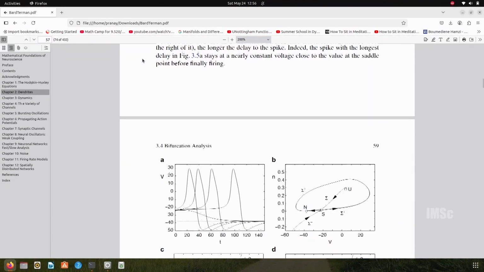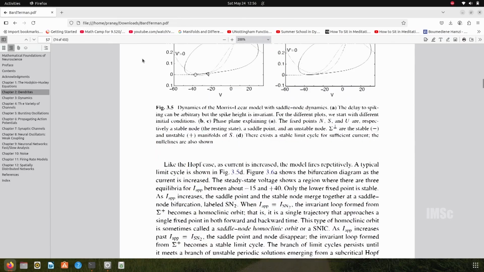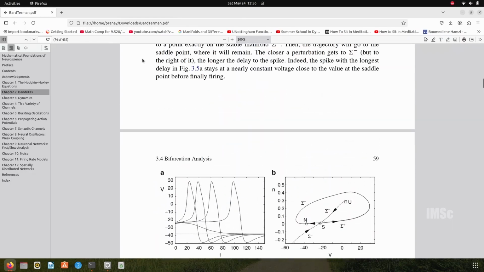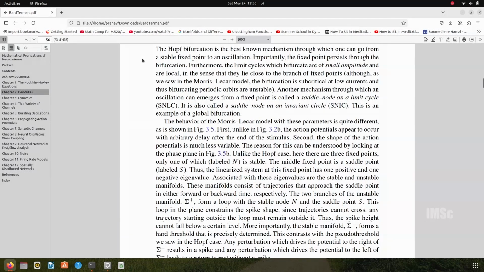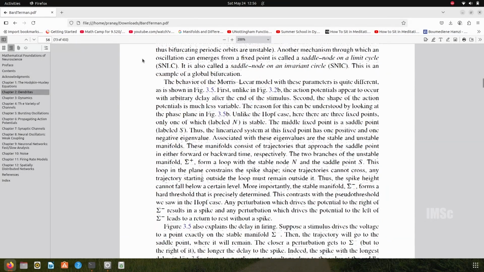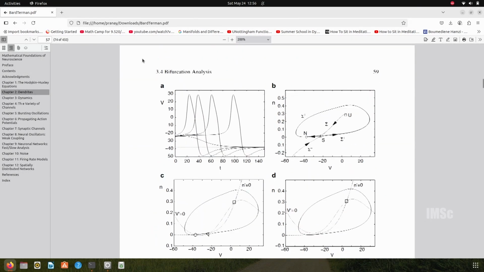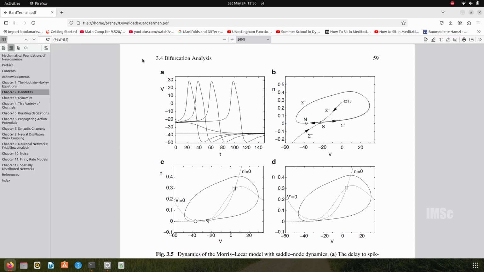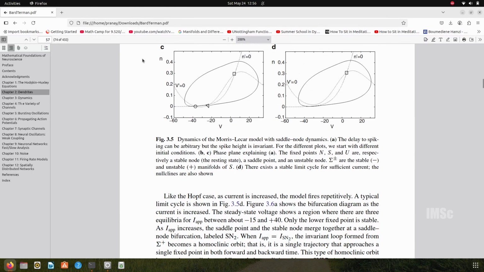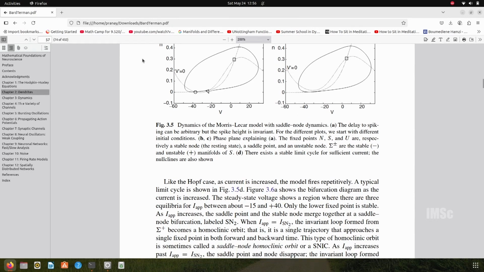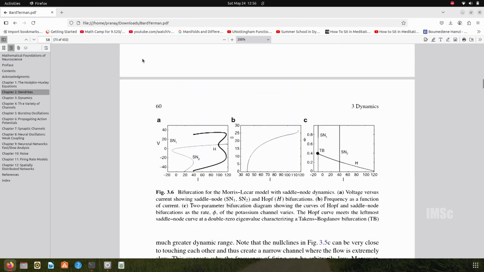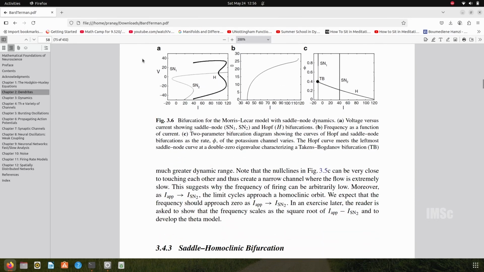I wonder what the current was for this. I'm trying to scroll through this to see if Bart told me what current he had used for this diagram over here. If I can't find it, I'll try and figure it out myself.